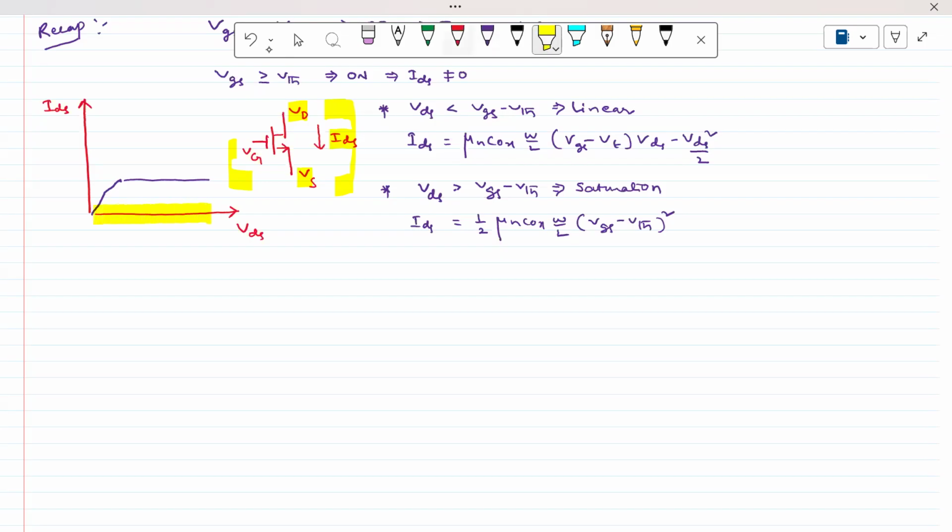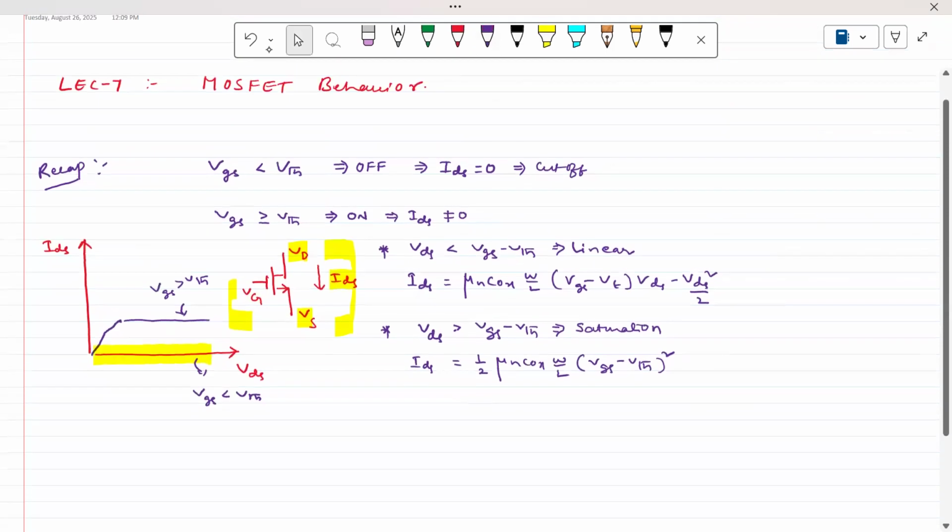So this is the characteristic when VGS is less than VTH, and this characteristic is when VGS is greater than VTH. This is what we learned previously using qualitative analysis.